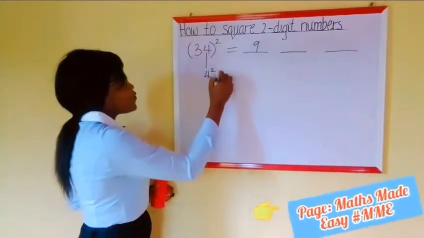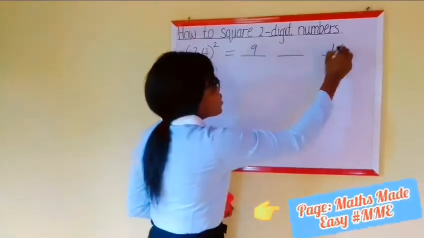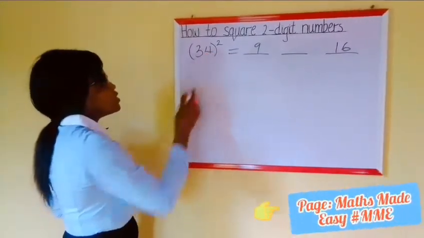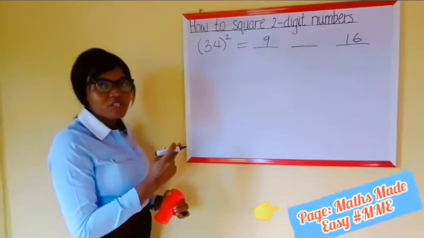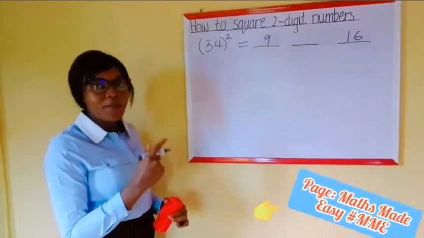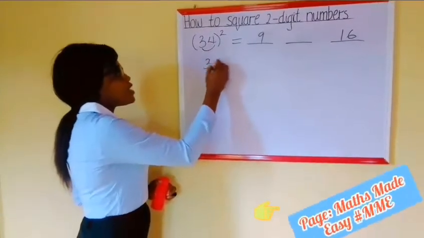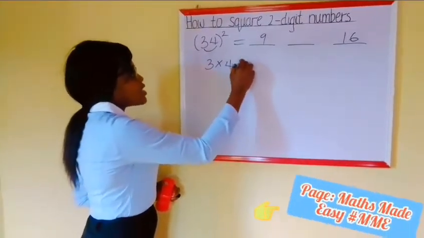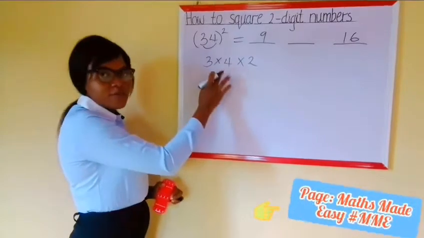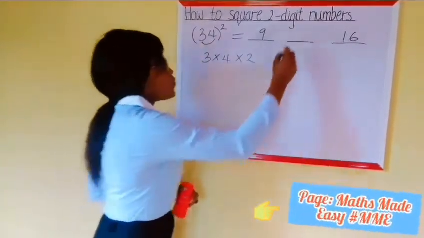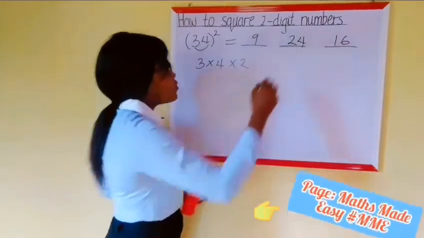The square of 4 is 16. And always remember that the middle part has to do with the product of the two digits, and then you multiply by 2. We have 3 times 4, then times 2. 3 times 4 is 12. 12 times 2 is 24. So you have your 24.